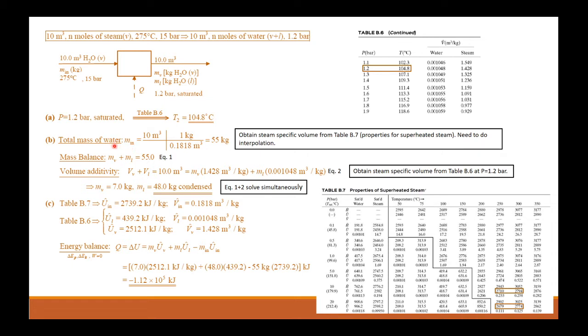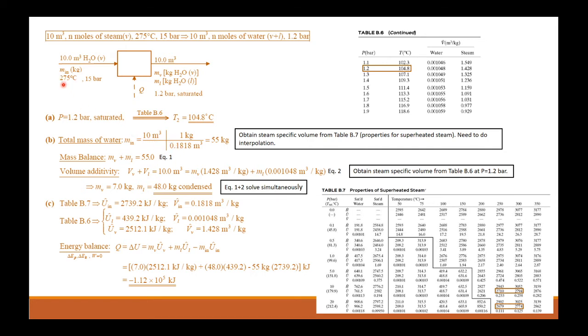Now, to find the total mass of water, because the final water here is in vapor and liquid phase, we need to find the specific volume for each phase. Okay, so the water goes in superheated.